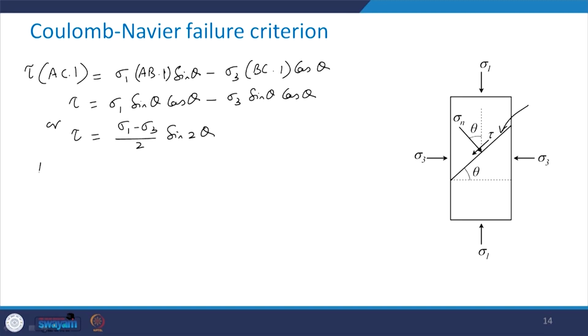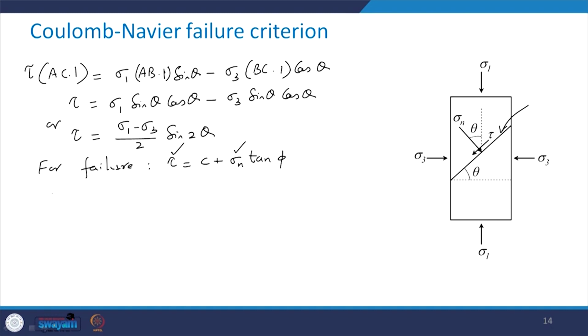Now, what is the condition for failure? It is tau equal to C plus sigma n tan of phi. So just substitute the expressions for tau and sigma n in this expression.